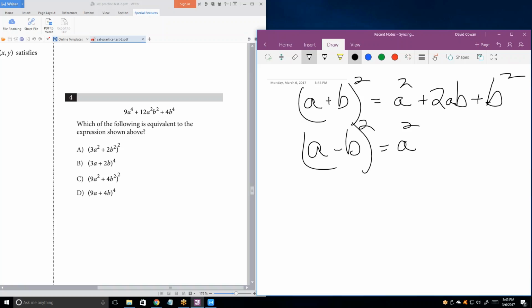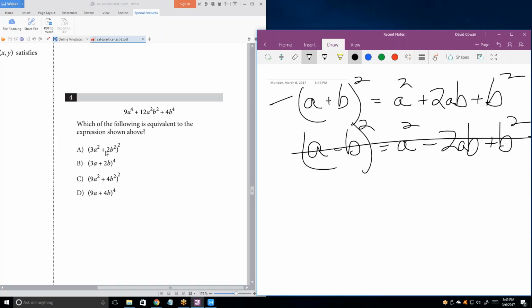If you memorize these, you'll be able to answer problems like this much easier. Okay? Now, all of these have a plus sign in there. So it's clearly this one, not that one. Now, go through each of these answers and see what produces this answer.